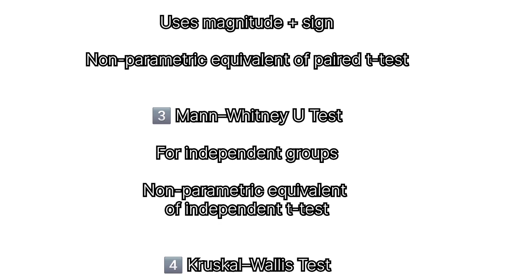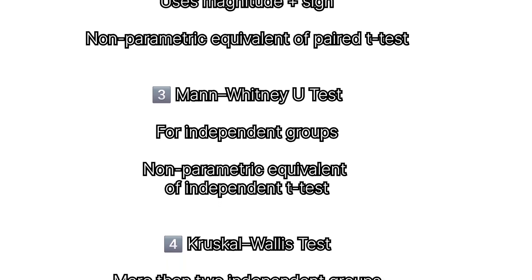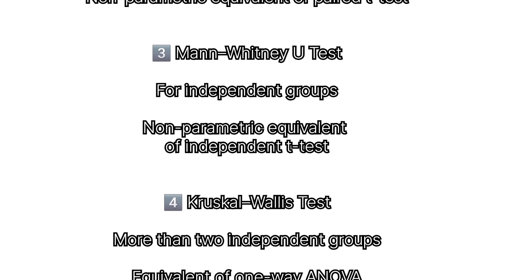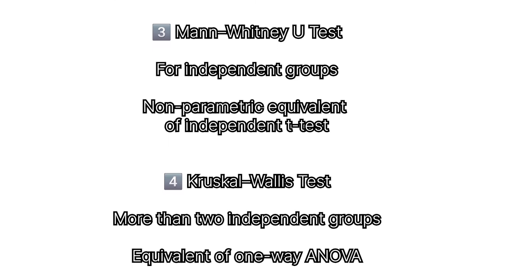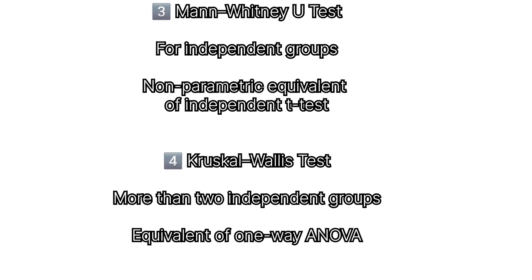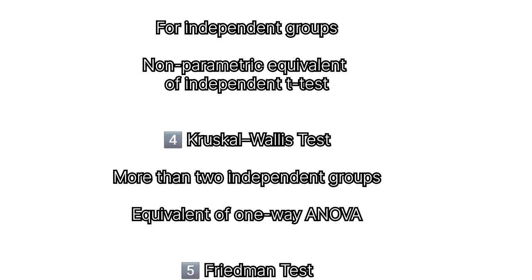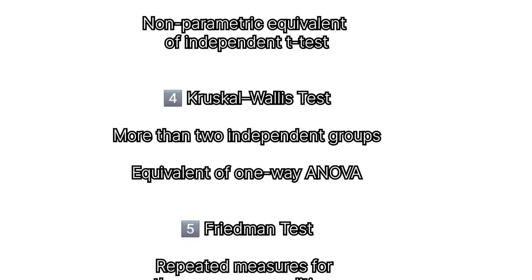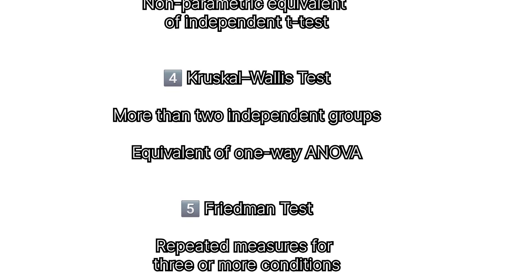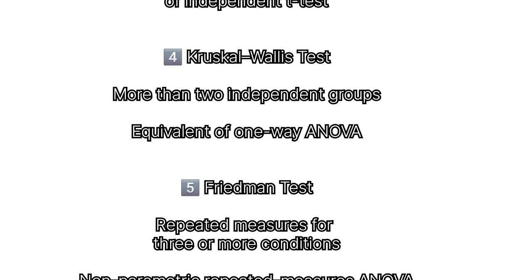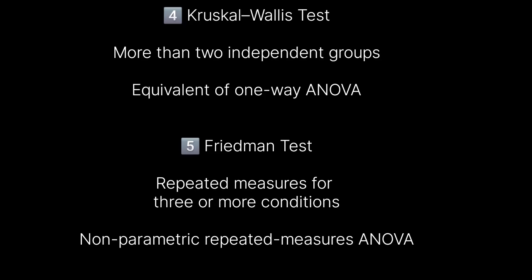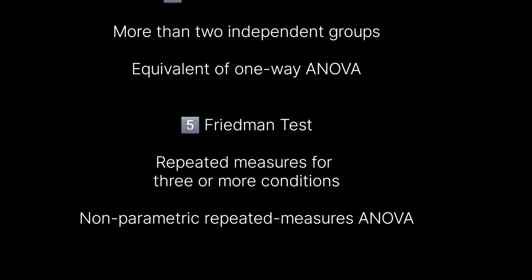The fourth is the Kruskal-Wallis test. See how many types of tests there are? If there are more than two independent groups, we use the Kruskal-Wallis test, the equivalent of one-way ANOVA. Fifth is something interesting, the Friedman test, like fried chips. It is for repeated measures with three or more conditions, a non-parametric repeated measures ANOVA.